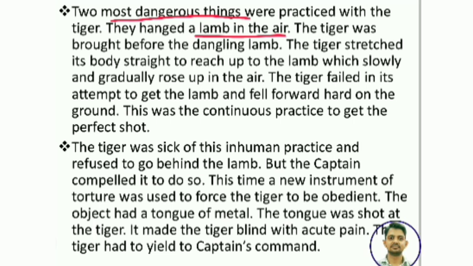With that, slowly and gradually the lamb rose up in the sky. The tiger gave its full effort, but it was utterly impossible for the tiger to get to it. And it fell forward hard on the ground and got hurt.